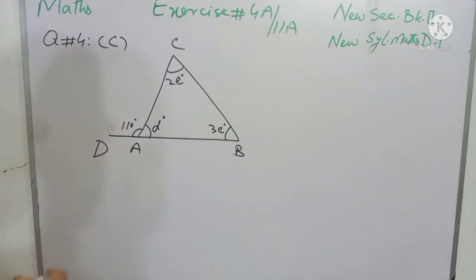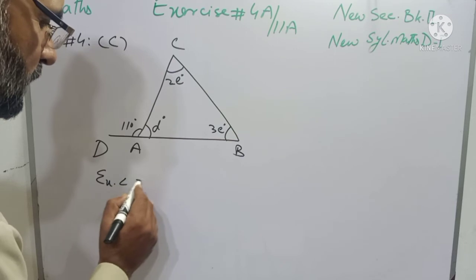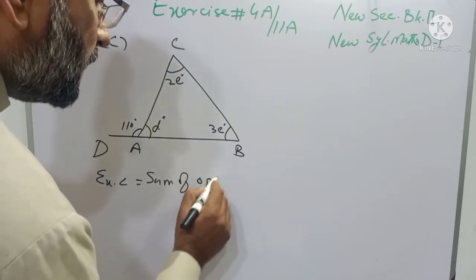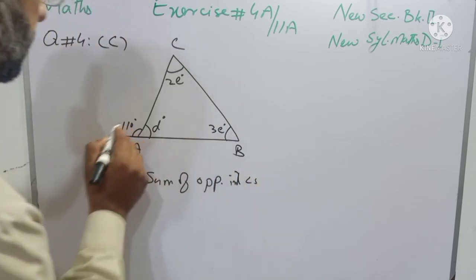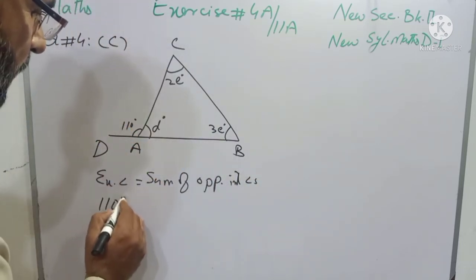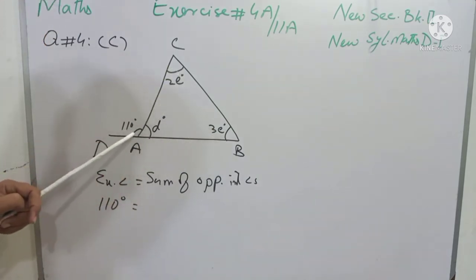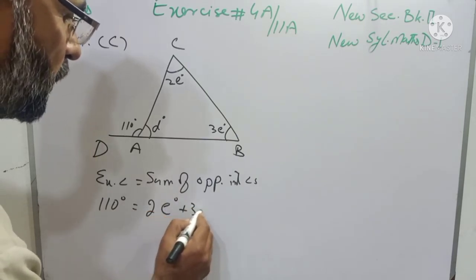So first we will apply the formula: exterior angle is equal to sum of opposite interior angles. So students, exterior angle is 110 degree, whereas opposite interior angles of 110 degree are 2E degree plus 3E degree.